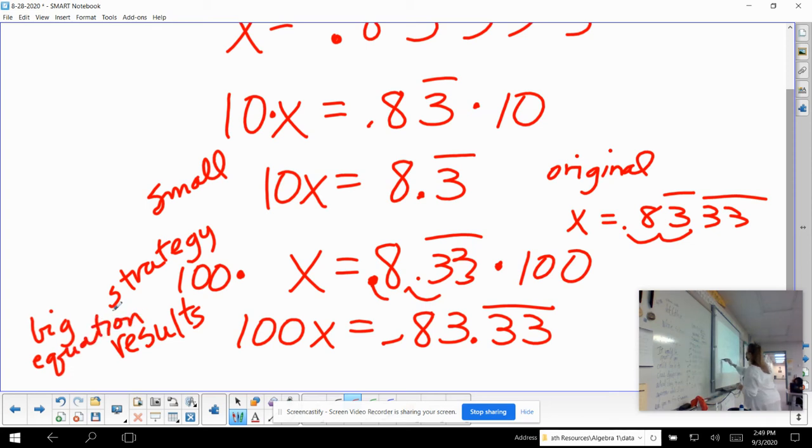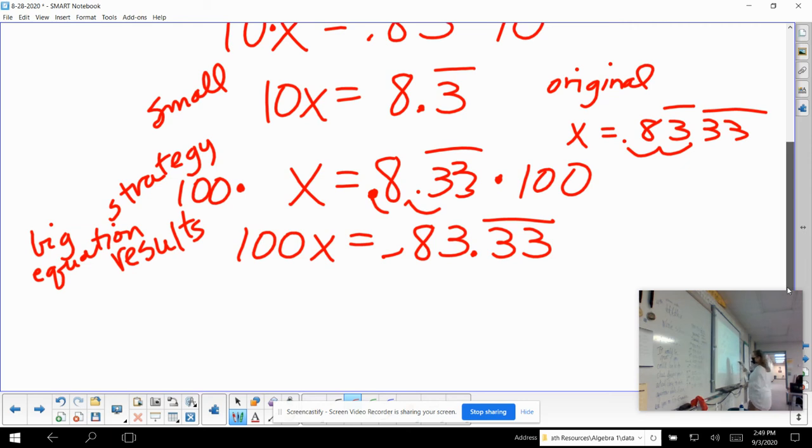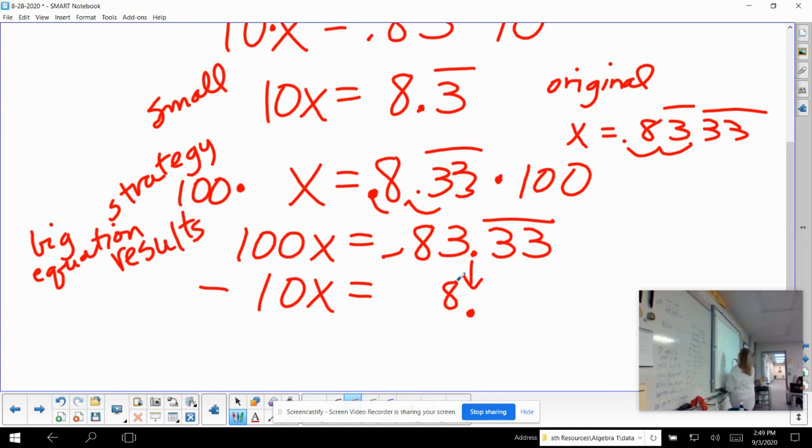And we needed a big equation and a small equation so we can subtract. And that's how we get rid of that repeater. So I'm going to subtract the smaller equation. Now line up your decimal points, you guys. Don't put the 8 under the 8. Put the decimal point there, and that 8 will go into the 3.